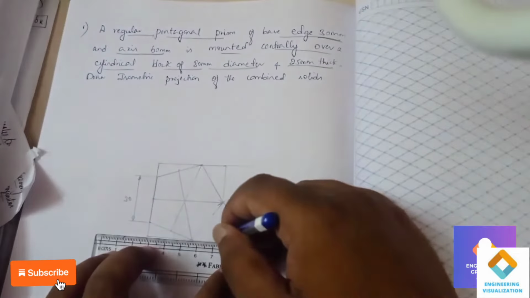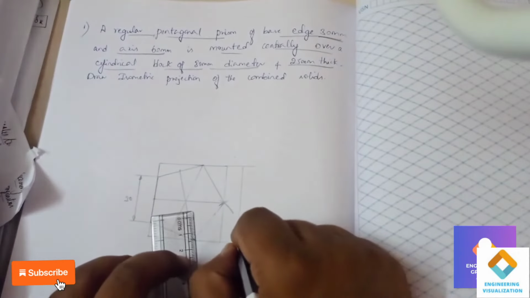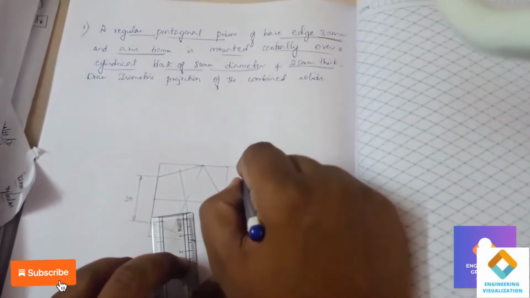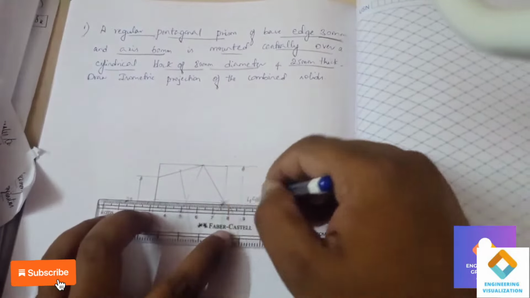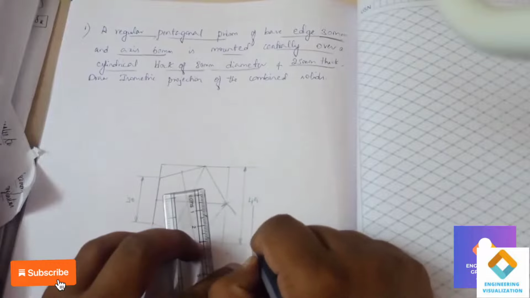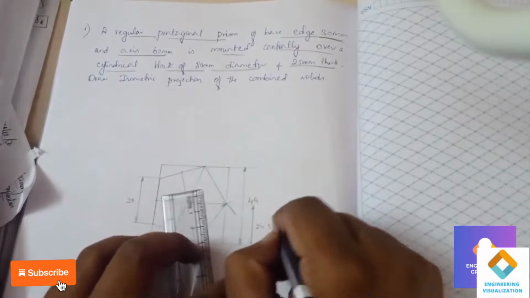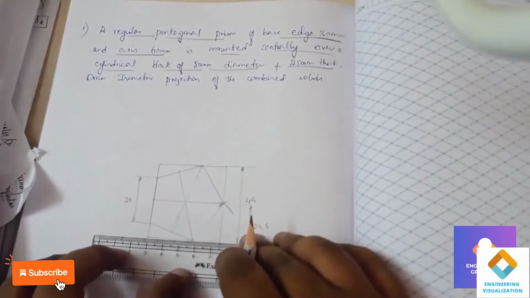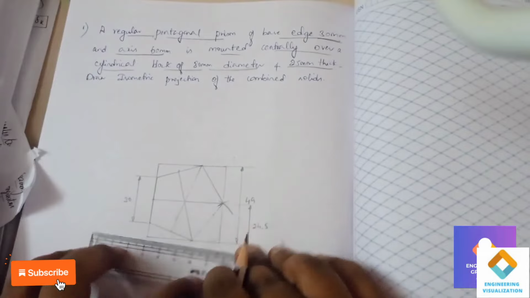Okay, it is around 49 mm we get here. The middle point of that will be 24.5, and this is around 45 mm.